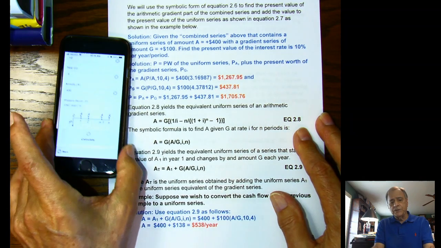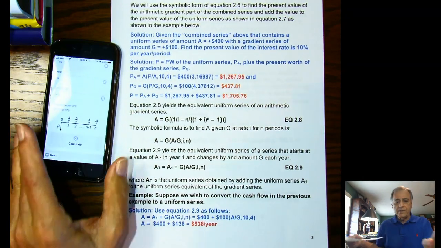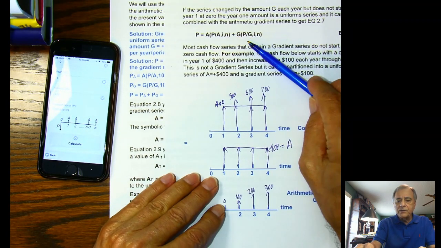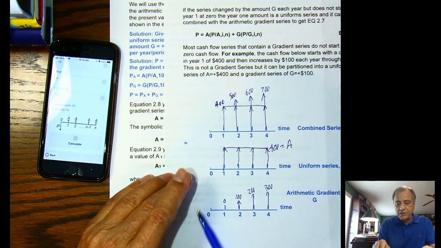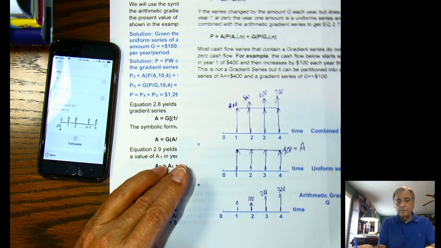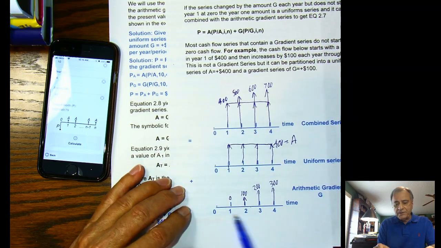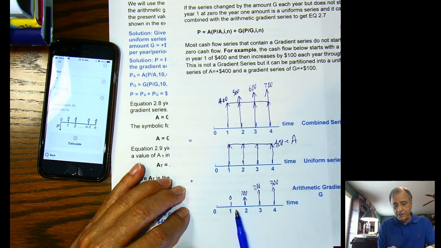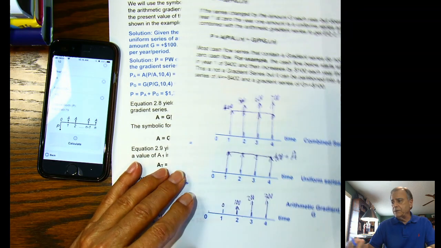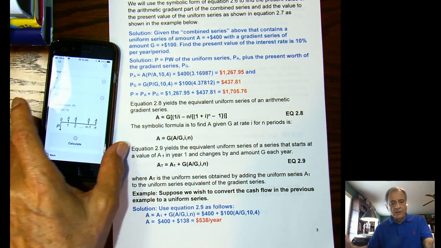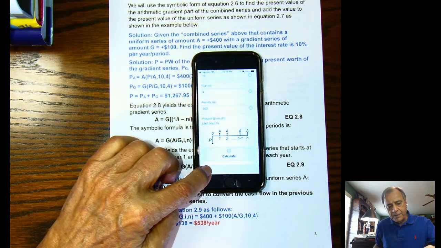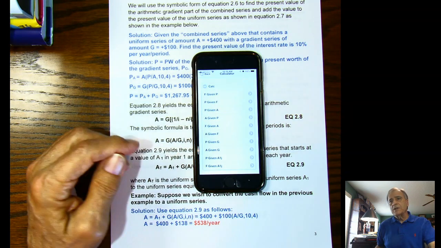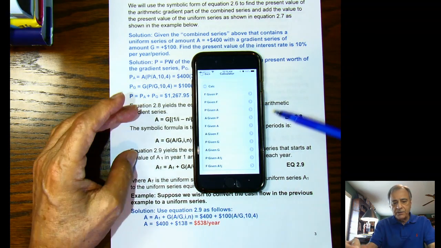The next thing I want to do is go back here and calculate the present value of that arithmetic gradient series, which is right here. Now, how many periods are in this series? Even though the first payment is 0, there's still 4. That's the way the formula is designed. So I go back in my app, press the back button, and now I want the present value of an arithmetic gradient.